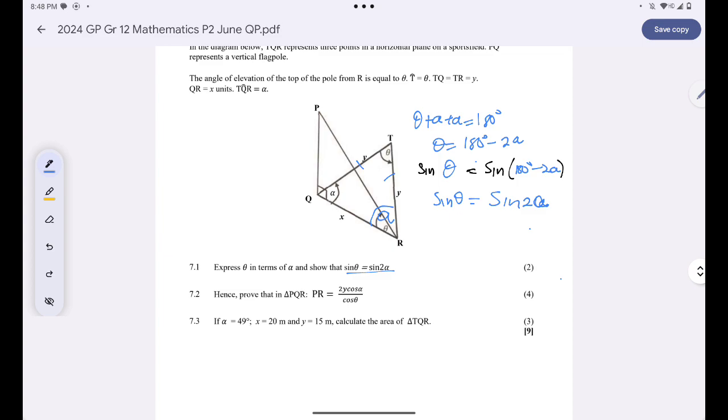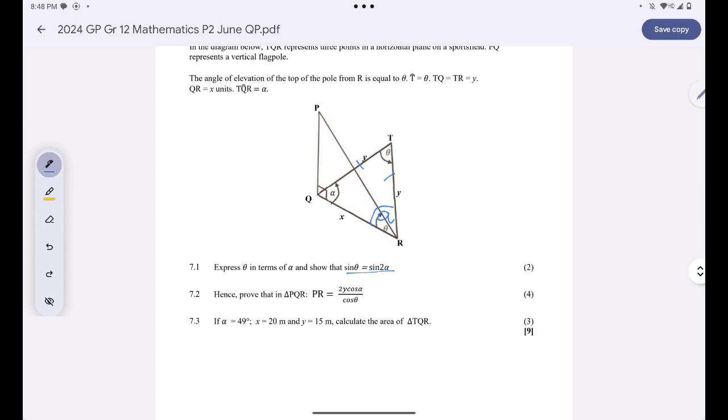Okay, I can see that in triangle PQR, the cos of theta is equal to x over PR.